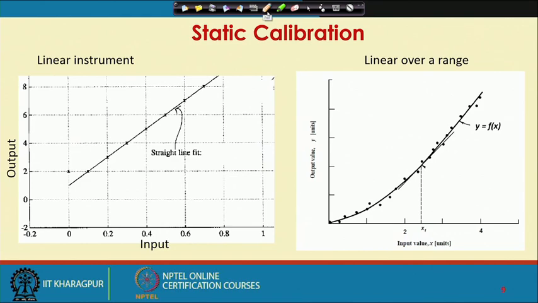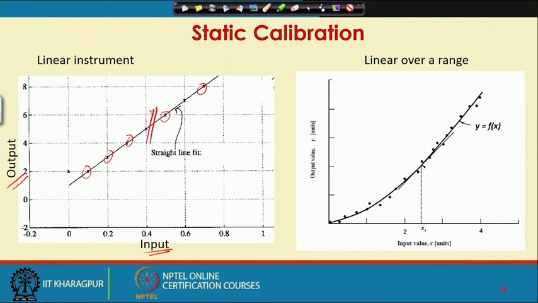So, let us now look at a few examples. You have done experiments, or you have followed the steps that we just talked about, to obtain the functional relationship between input and output for an instrument, and these are the experimental points, and you see that you can draw a nice straight line through most of these experimental points, and this is the straight line that has been drawn.